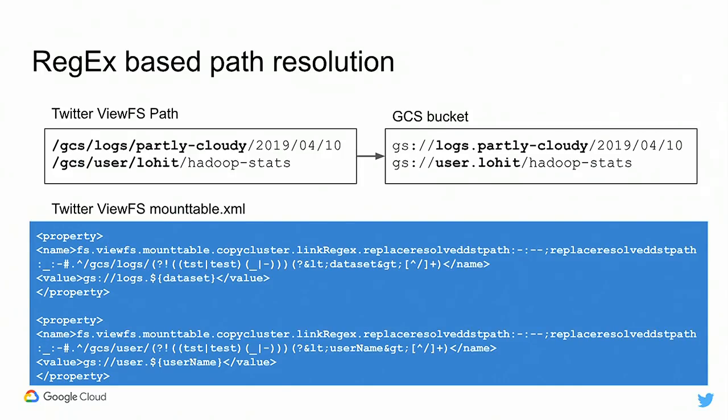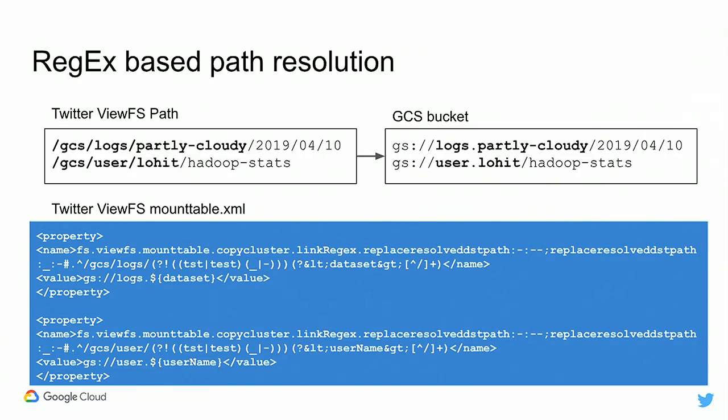But with GCS, we'll be managing thousands of users, which translates to thousands of buckets. And you'll also have hundreds of categories or data sets, which translates to hundreds of different buckets.